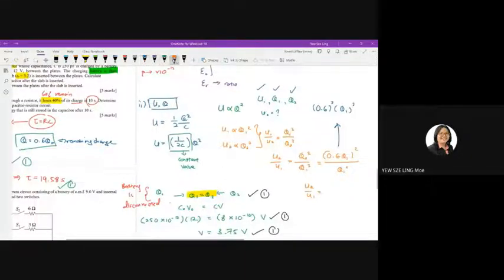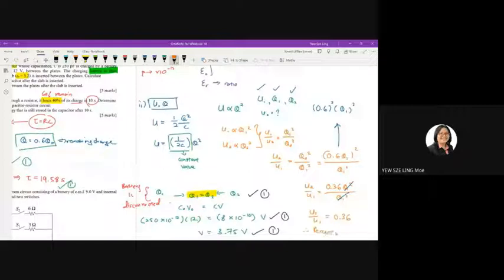You are going to square both of them. So the value right here should be 0.36 Q1 squared over Q1 squared. Q1 squared and Q1 squared, you can cancel it out. So U2 over U1 is equal to 0.36. It means the remaining energy is 36%.